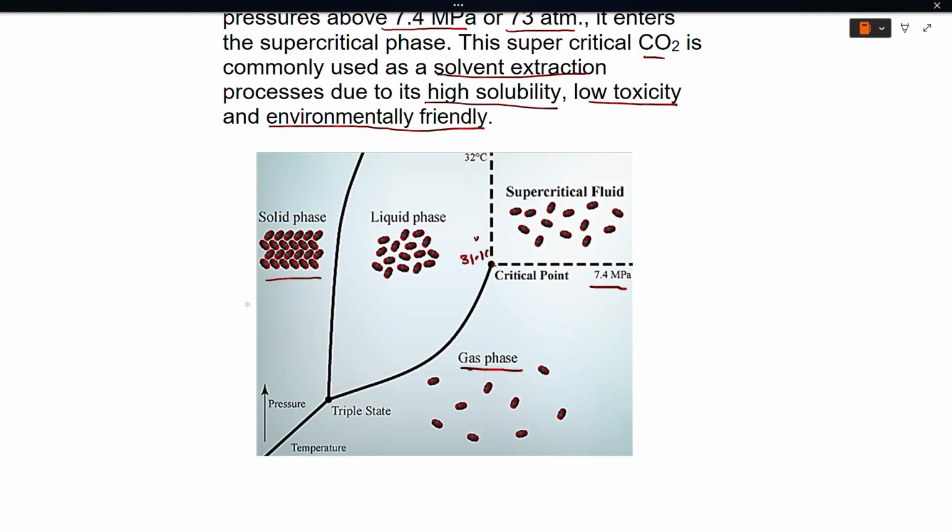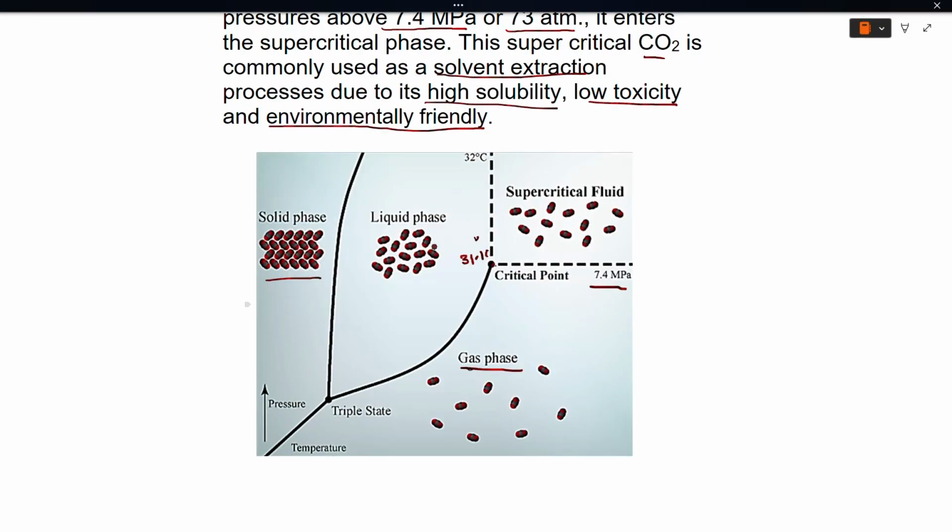31.1 degrees Celsius. Once it enters into a supercritical fluid, the molecules won't be as far apart as in the gaseous state, but a bit farther apart than in the liquid state. So the density of the liquid in this region will be almost equal to that in the supercritical fluid.